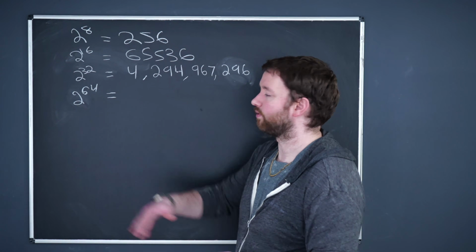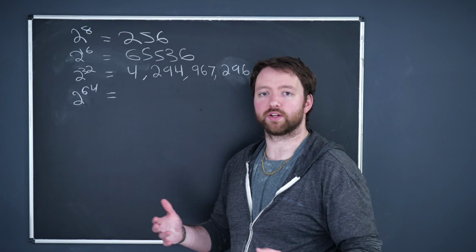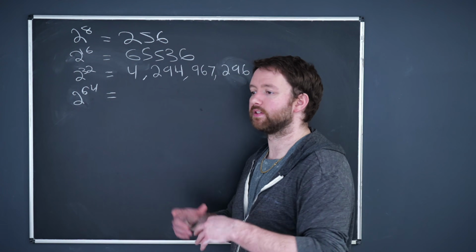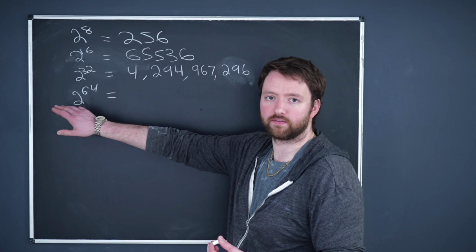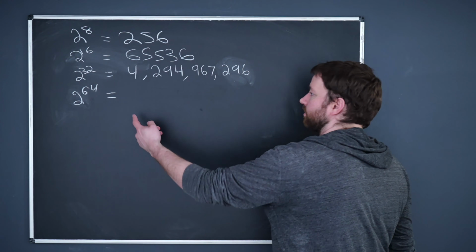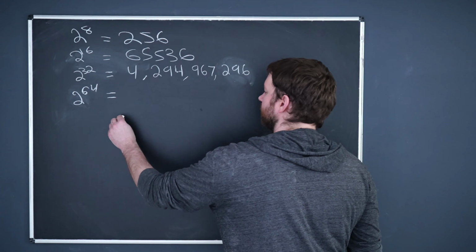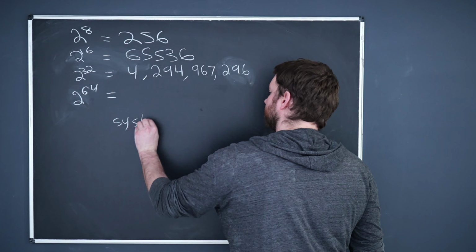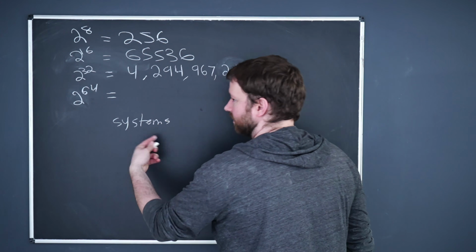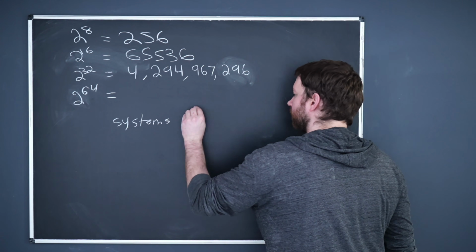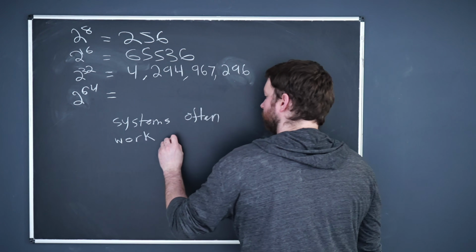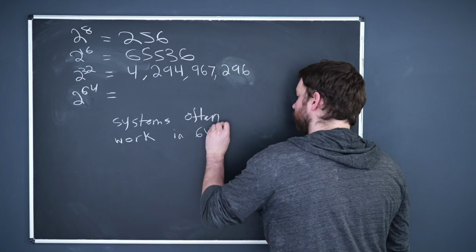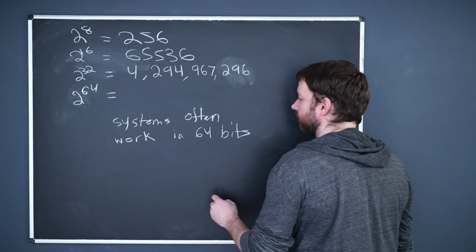But 2 to the 64 gives us enough states that we can represent reality very closely, gives us a lot of possibilities. So most systems are built around 2 to the 64 or 64-bit architectures. And that basically means systems often, and by systems I just mean computers here, they often work in 64 bits.